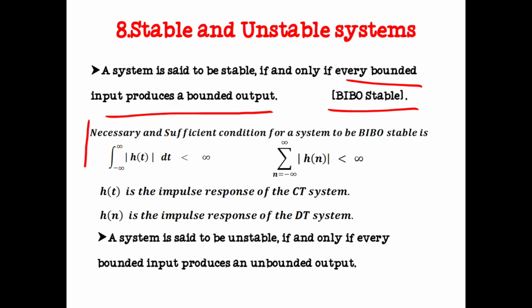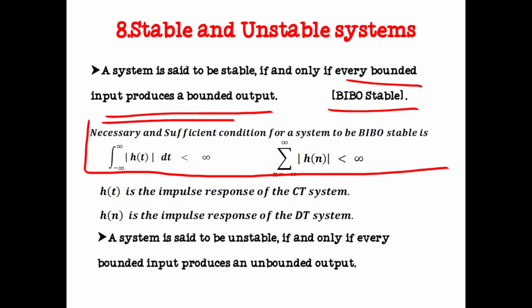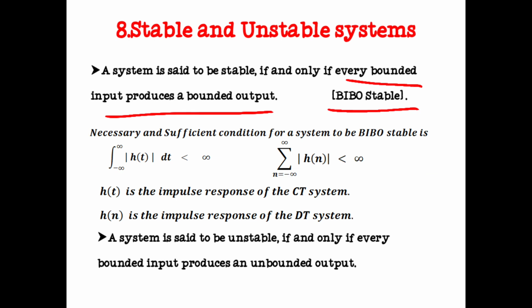So what is the necessary condition for a system to be BIBO stable? So this is the condition. For a CT system, the condition is the integral from minus infinity to infinity of modulus h of t dt; if we calculate it, the value should be less than infinity.